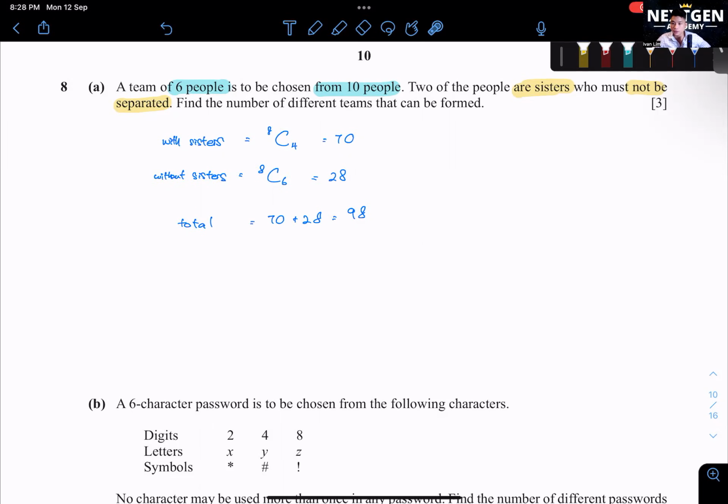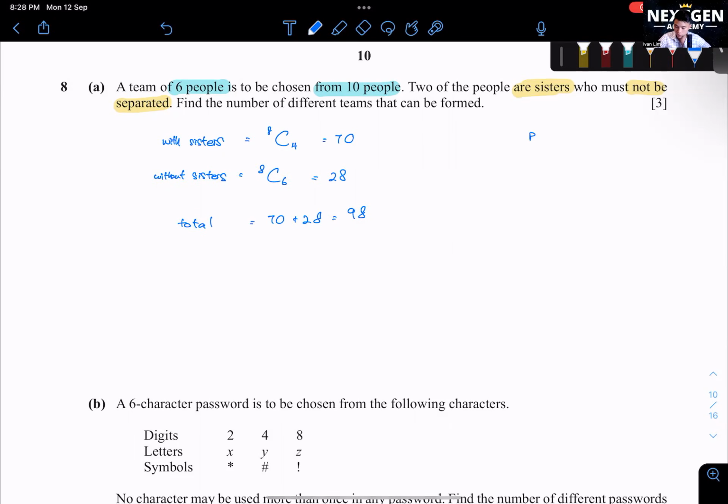Okay, anything? When to use permutation, when to use combination? What's the keyword for permutation and combination? One is order. Order matters, right? So which one is order matter?